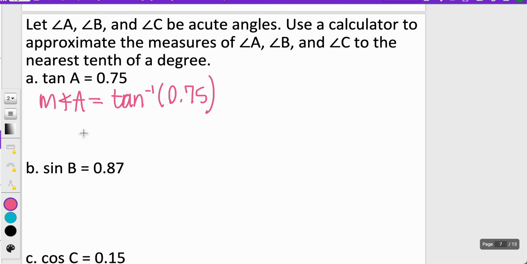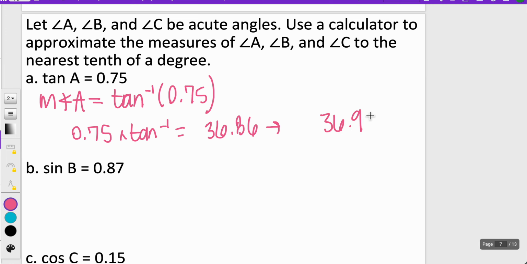So if I've got my calculator, I would type in 0.75, and then sometimes you have to do shift or second to do that tangent to the negative first power, and it'll give you this number, 36.86, and we're just going to round to the nearest tenth, so about 36.9 degrees.